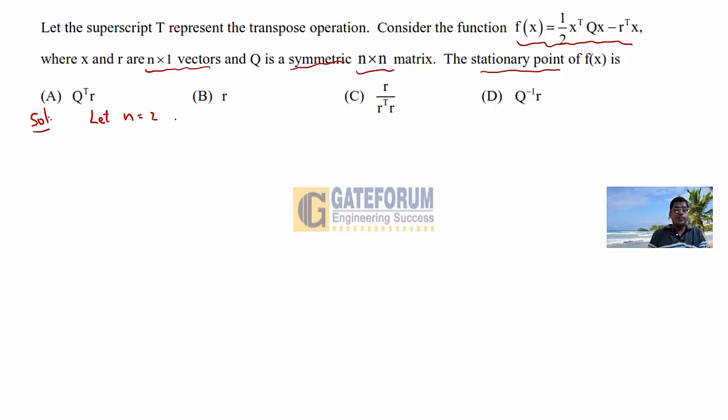Let n is equal to 2. And that Q, 2 cross 2, will automatically become, which is a symmetric matrix, meaning Q transpose is equal to Q. I am taking A, C, C, B, which implies Q transpose is equal to Q. That is symmetric.